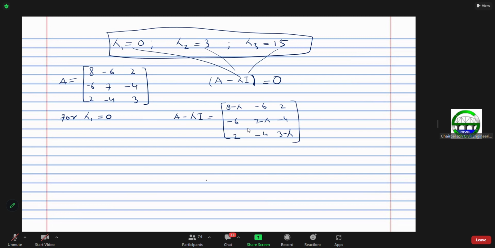Okay, so now there is a better method to calculate the equations from here.